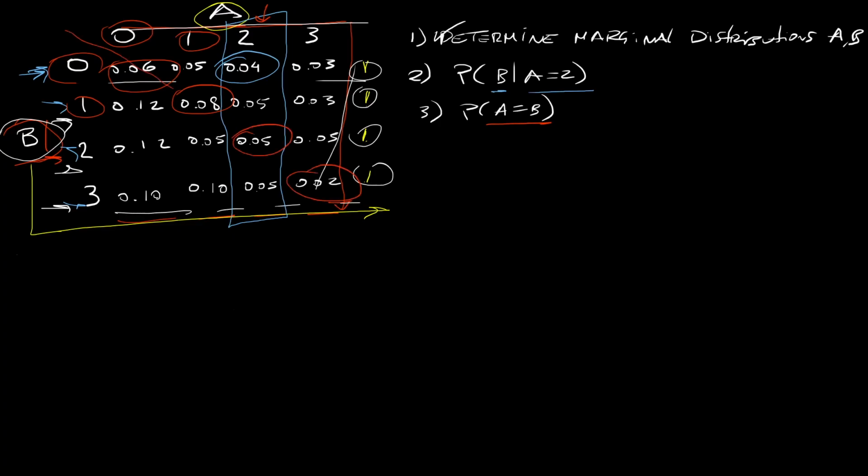Essentially, this is summing all these values up. So the probability of A equals B is the same as 0.06 plus 0.08 plus 0.05 plus 0.02, which is equal to 0.21.